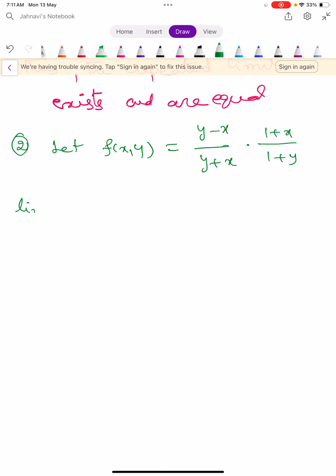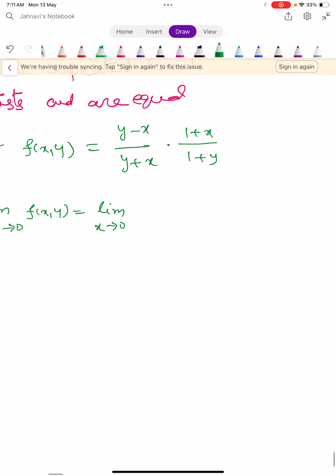The first one, limit x tends to 0, limit y tends to 0, f of x comma y.